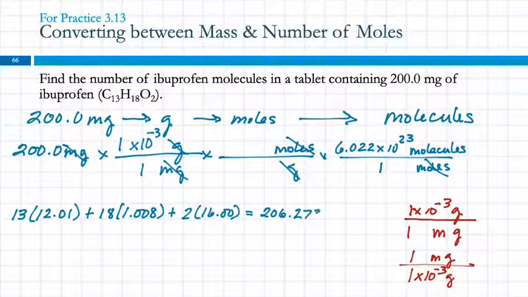Is it too many digits? Does it matter? No? 4 sig figs here, 4 sig figs in Avogadro's number. So if I've got extras there, it doesn't matter. This is not going to limit the number of significant figures, so I'm just going to be okay with it. That's grams per mole for ibuprofen.